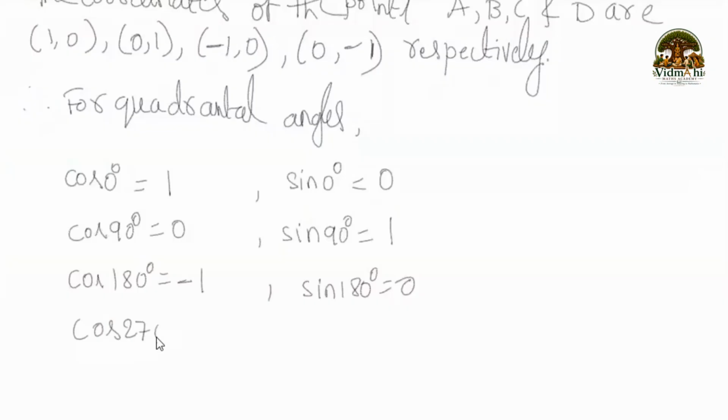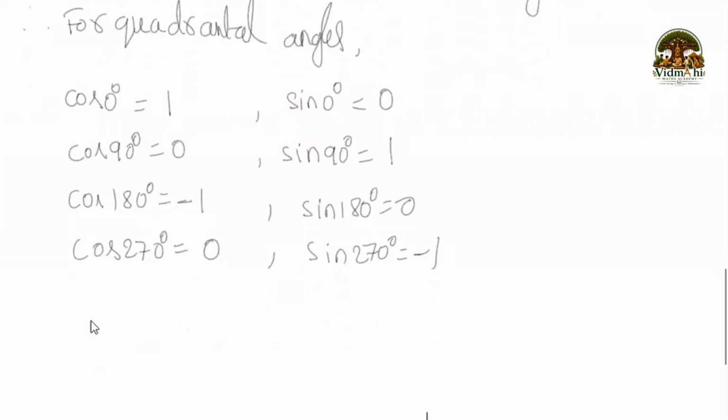Cos 270 degree is equal to 0, whereas sin 270 degree is equal to minus 1. Cos 360 degree is equal to 1. Sin 360 degree is equal to 0.